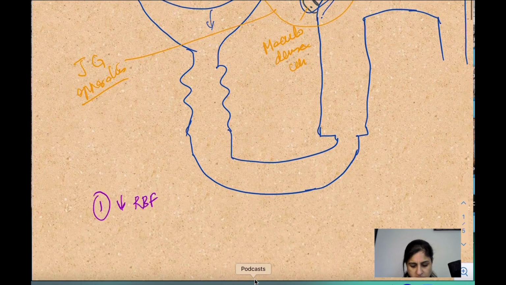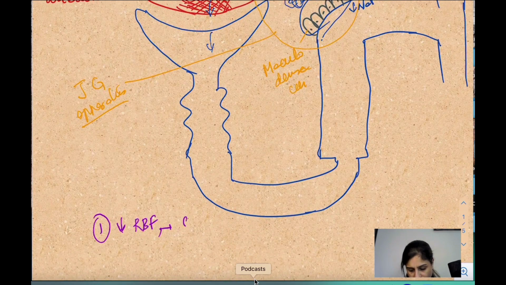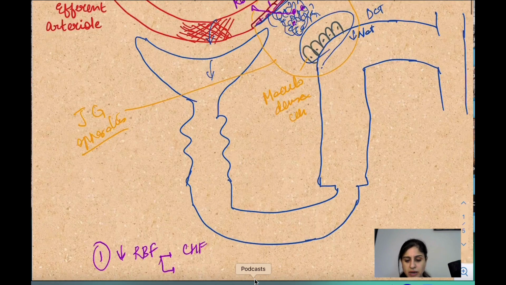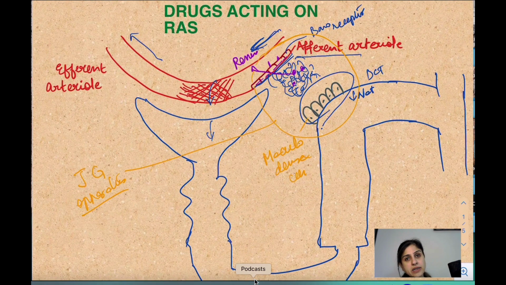So renin is released if there is decrease in the renal blood flow, because it can be due to congestive heart failure, or let's say a person has an accident, there is an injury to the person, and a lot of blood loss. So the patient obviously is losing so much blood, so blood flow in all the organs is going to be less, so again the blood flow is going to be less in the kidneys, so again these baroreceptors are going to sense it, and what are they going to do?